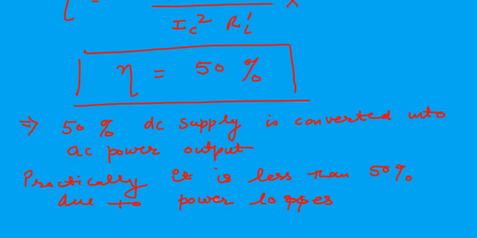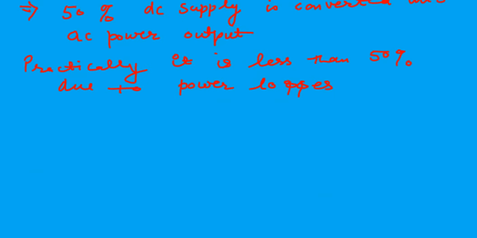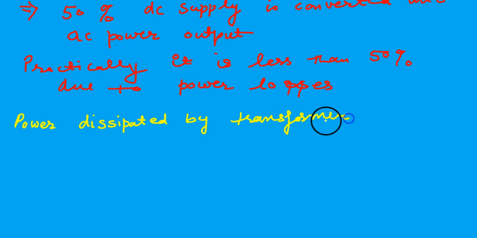So, because of the power losses, what is the power dissipation by the transformer? The power loss is DC power minus the AC power, because whatever the difference is, that is lost.